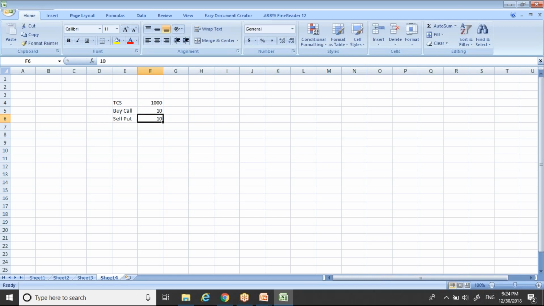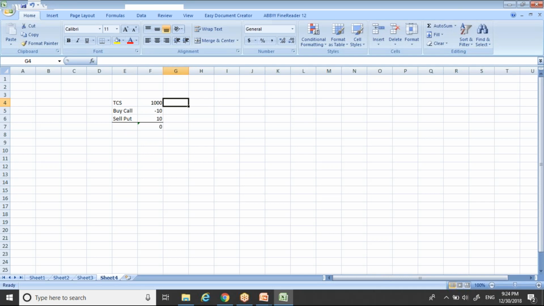So the total premium paid is how much? This is what you pay, and this is what you receive. When you sell a put, you receive a premium. You buy a call, you pay the premium. So how much is your cost actually? Zero in getting into this contract.